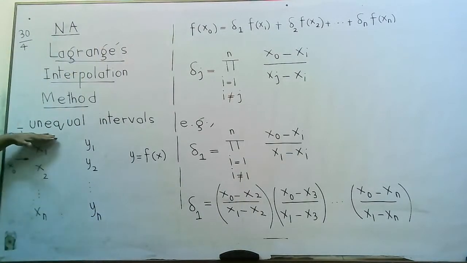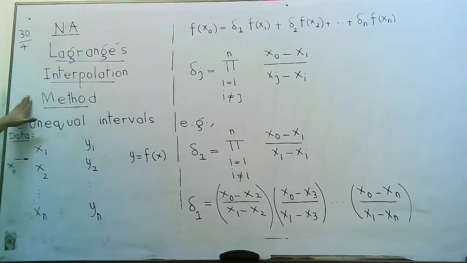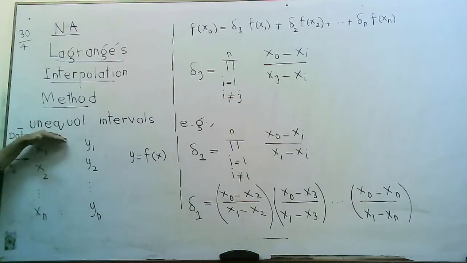And we also studied that Newton's divided difference method is for unequal intervals, and Lagrange's interpolation method is also for unequal intervals in the data table where x has unequal intervals.